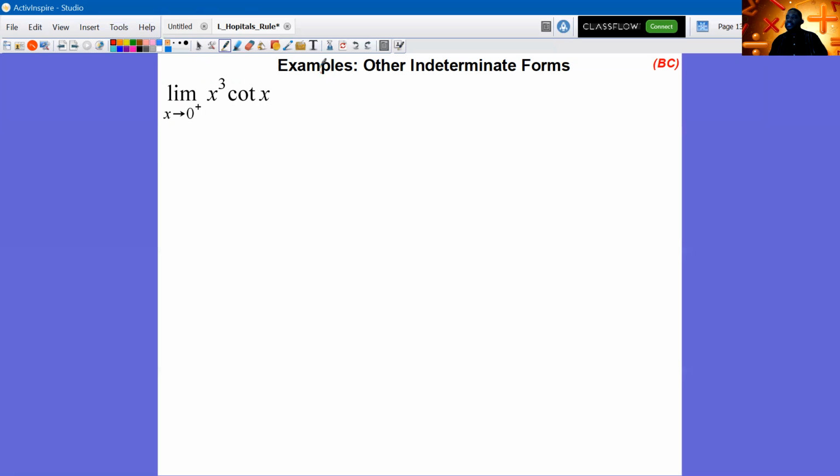The limit as x approaches 0 from the right of x cubed is 0, and the limit as x approaches 0 from the right of cotangent x is actually infinity. So we got the indeterminate form 0 times infinity. I'm going to write 0 times infinity over here. So we cannot use L'Hopital's rule yet.